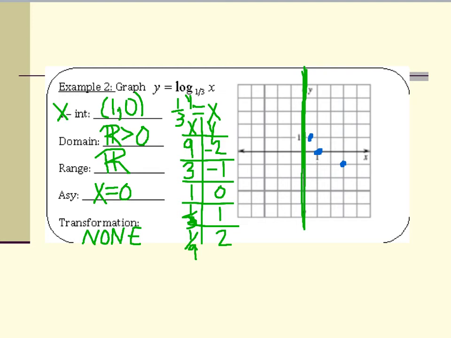And 1/9, 2 is going to be really, really close right about here. And I'm going to fill in the graph as nicely as I can. It's going to approach that line x equals 0, but never ever touch and never ever cross it. And there's my graph. Let's look at the next.